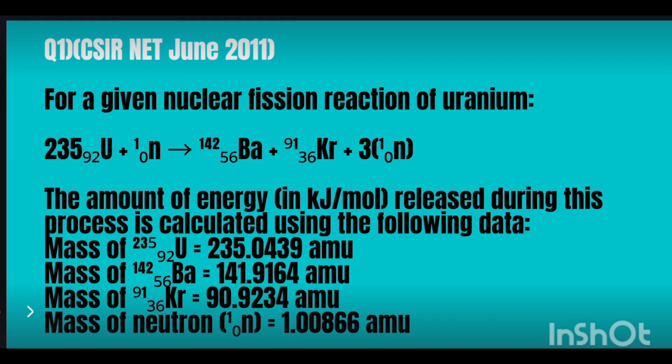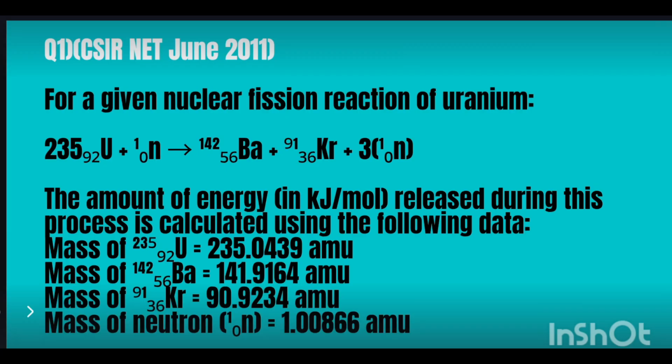For a given nuclear fission reaction of uranium-235 (92) plus a neutron gives rise to barium-142 (56) and Kr-91 (36) plus 3 neutrons.